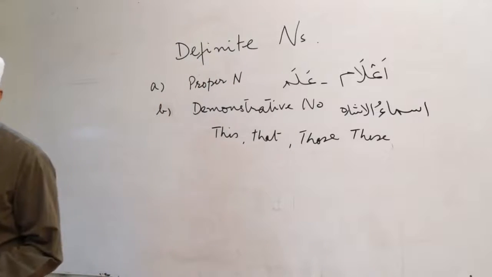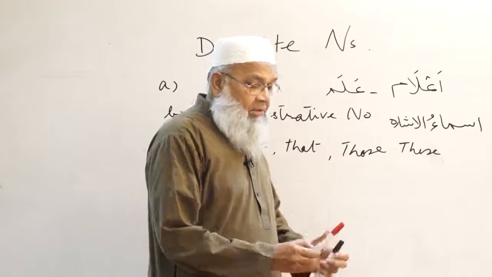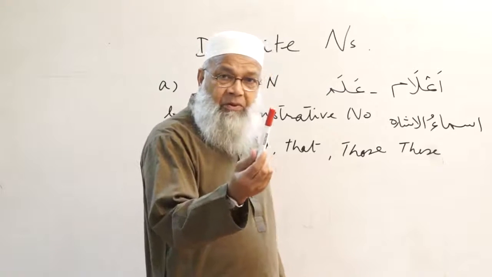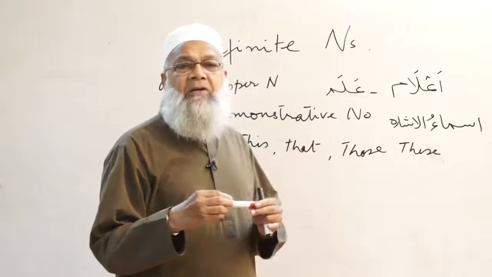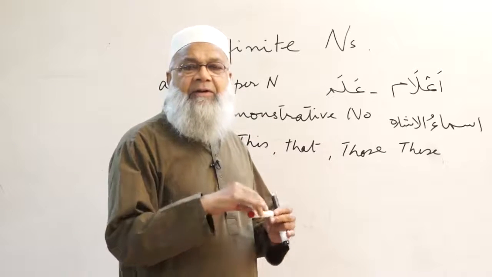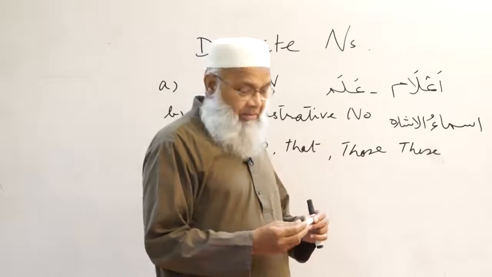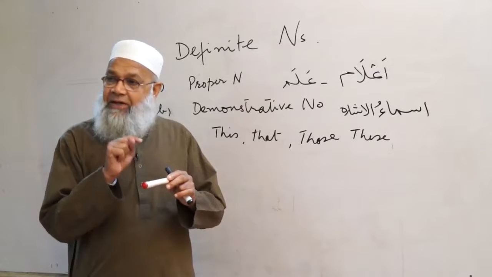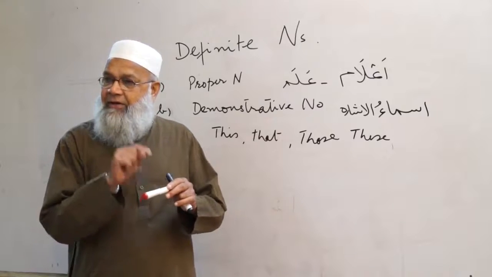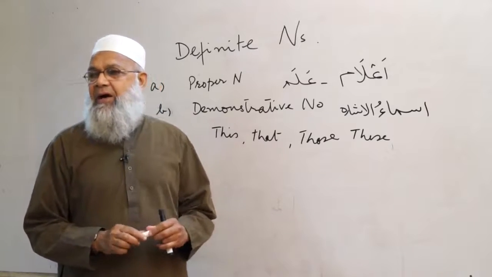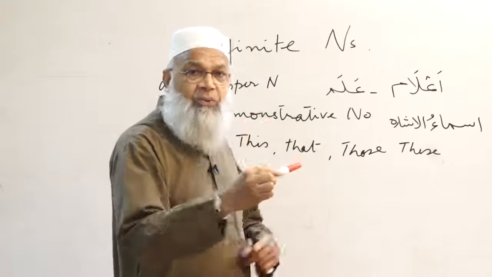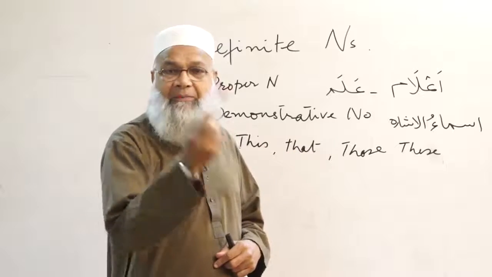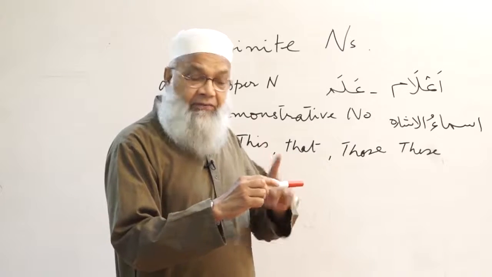Now when I say this pen, pen was an indefinite nakira noun, but when I say this, the word this itself is a definite noun, and this definite noun makes this pen too definite. Now it's not any pen, but it is this pen.